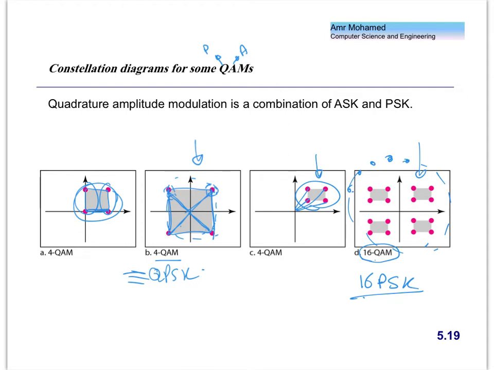However, for 16 QAM, we have more degrees of freedom. We have the amplitude and the phase, in which case we can arrange the symbols using different amplitudes and different phase, in which case we can control the distances between each 2 symbols and reduce the effective noise. واضح?